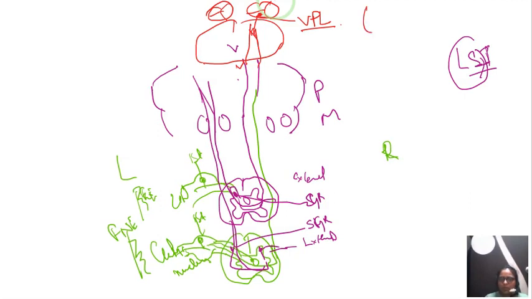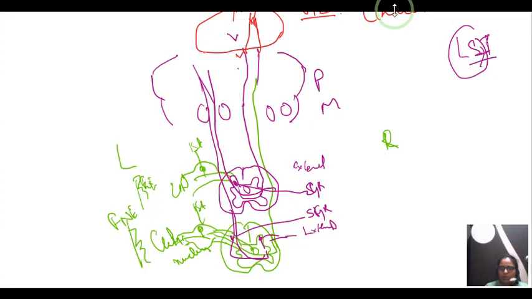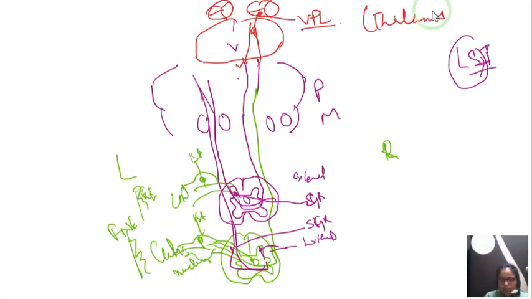So it terminates at the thalamus, and here it will form your third order neuron. Your first order neuron terminates in the dorsal root ganglion, second order at the substantia gelatinosa, and third order at the thalamus in the VPL nucleus, ventral posterolateral nucleus. Fine. So likewise, the same happens on this side also.